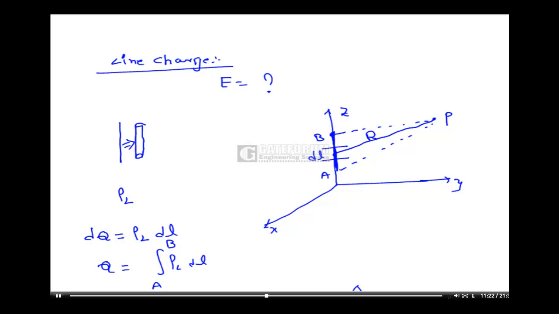So this source point is x is 0, y is 0, z is some z dash from origin, 0 0 z dash.